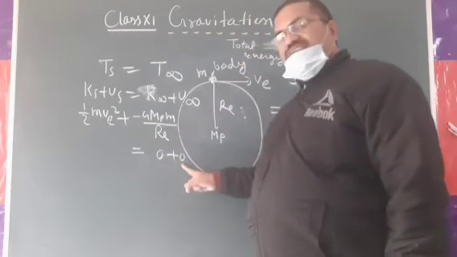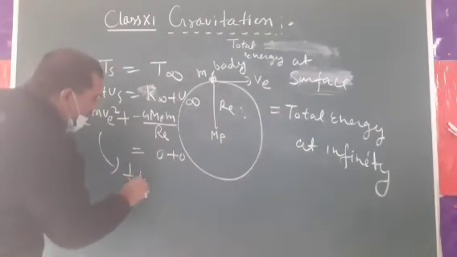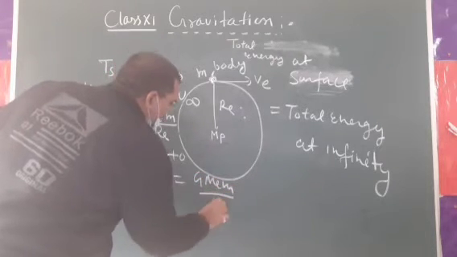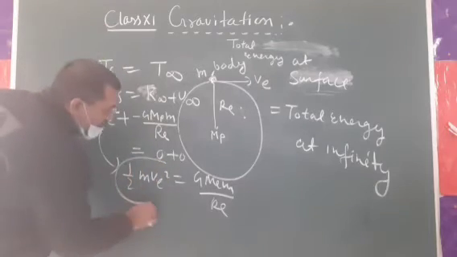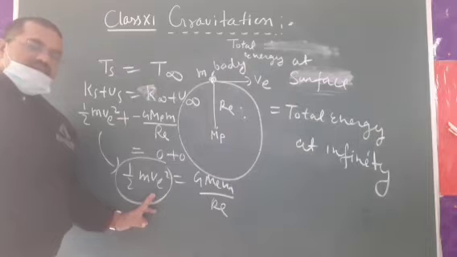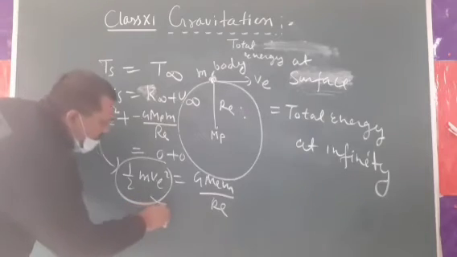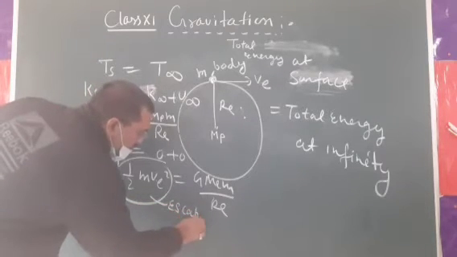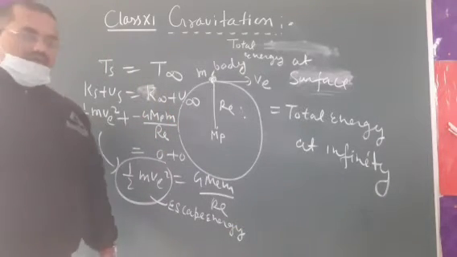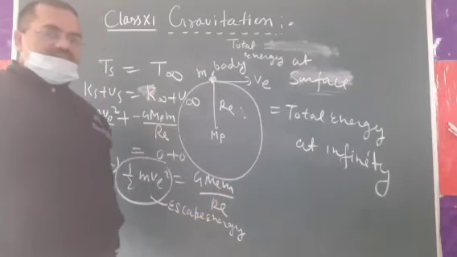And total energy at infinity is 0. So half mv square equals G MP m upon Re. This is the escape energy of the body. So escape energy of the body is equal to G MP m by Re.